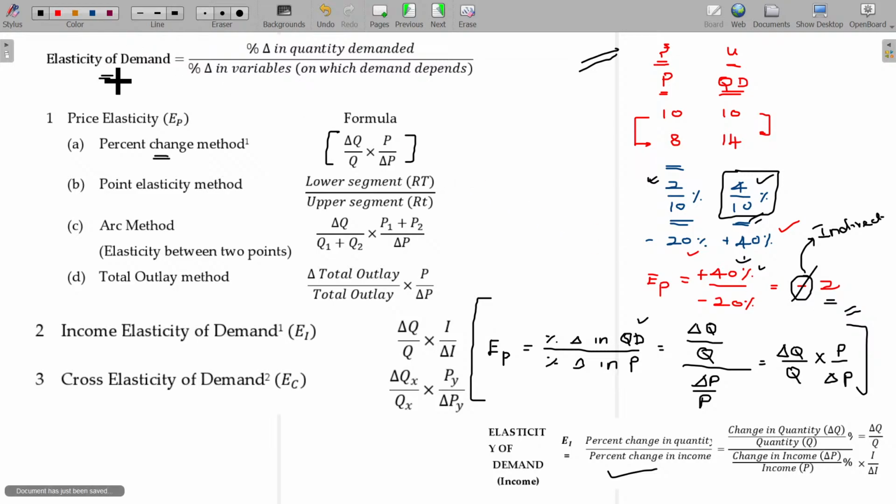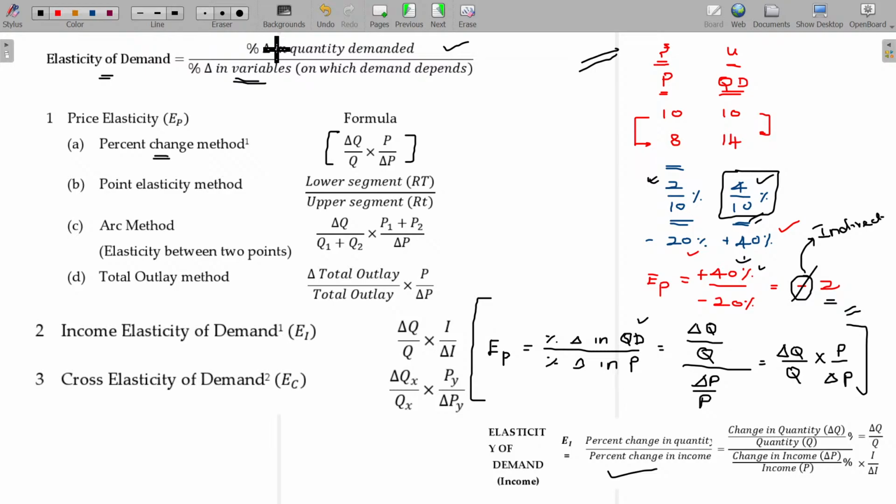Elasticity of demand is nothing but the percentage change in quantity demanded with respect to the variables. Variables are nothing but determinants. So what demand determinants are there? Price of the commodity, income of the consumer, price of the related commodity, the amount spent on advertisement. N number of factors we have already seen, no?